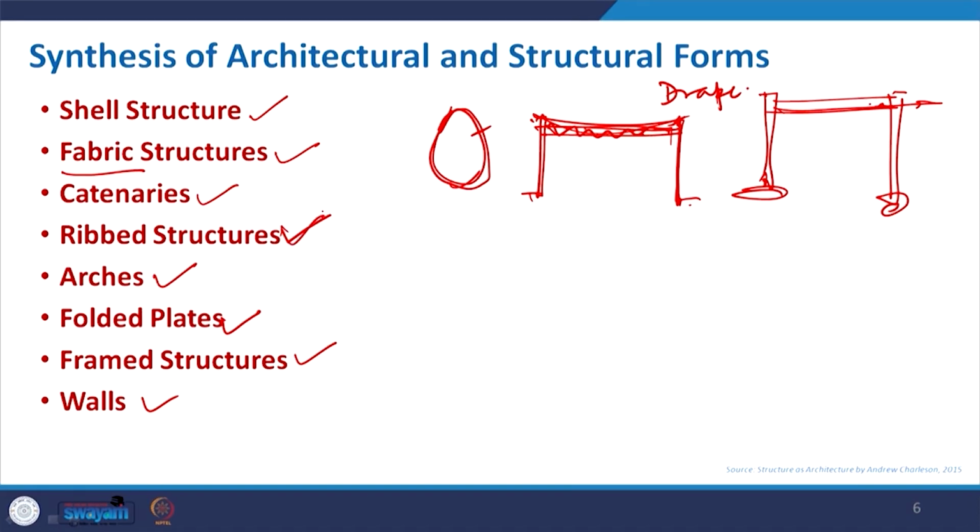Then ribbed is something like the skeleton. Okay. So, if you remember, we started with the lecture where we have seen examples from nature, like the human body. We have some muscles, we have some outer finish, and with some clothing and all, we take it in a different manner.